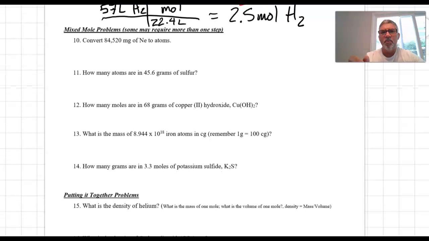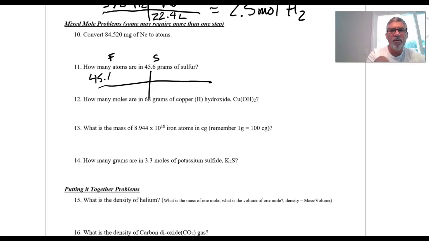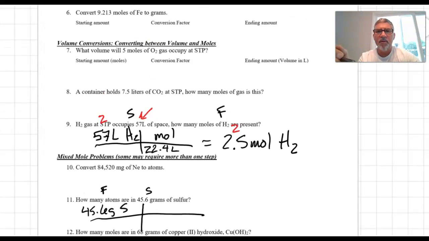All right, just a couple more. This will be really quick. For number 11, I think I helped you with. Okay. So same thing. This will be my start, right? The question, and this will be my finish. Right, so I have 45.6 grams of sulfur. Now if you look at here, so let's come back up here.